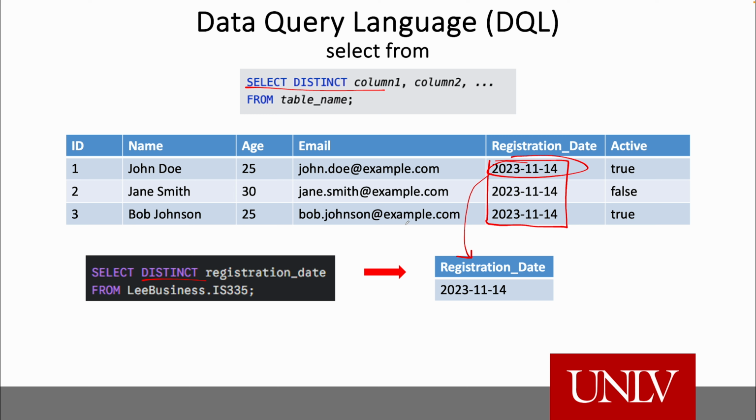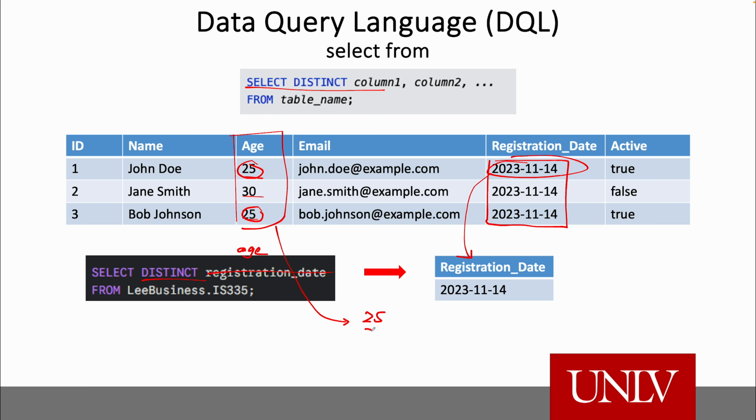That's how we use distinct. And then I can ask you another question. Instead of the registration date, what if I want the distinct age? This is the age column, right? So there are 25, 30, 25. And 25 and 25 are the same value, which means they are duplicated. So the result will only be 25 for the first one.